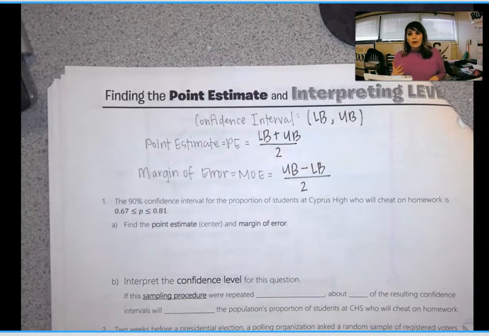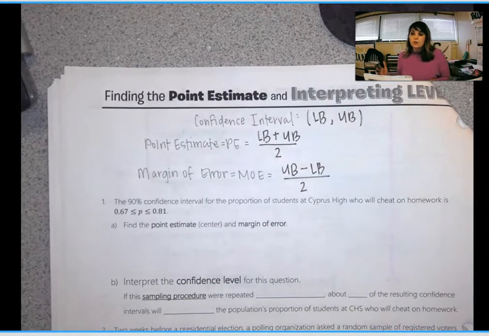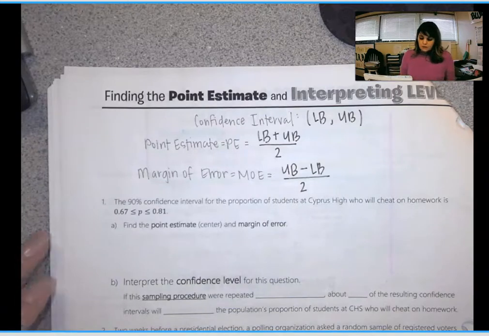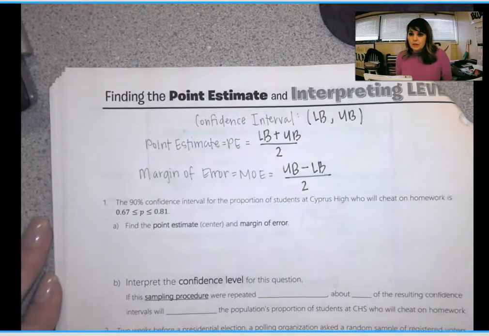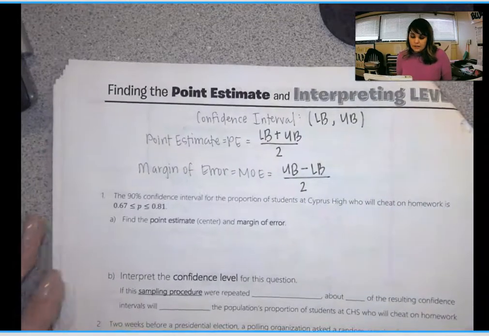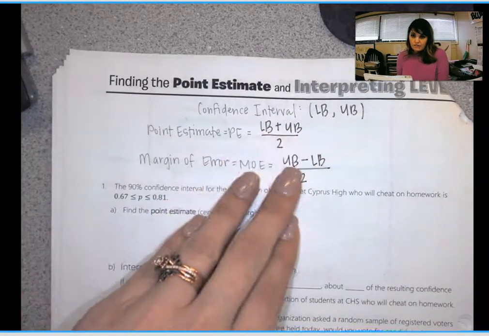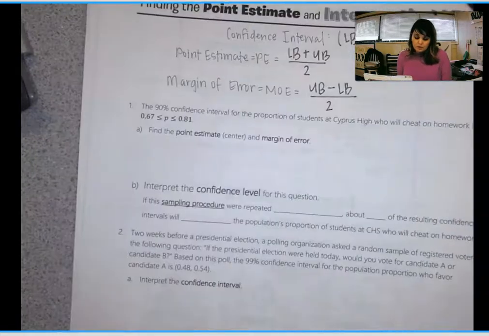So one of them you add, divide by 2. The other one you subtract, divide by 2.